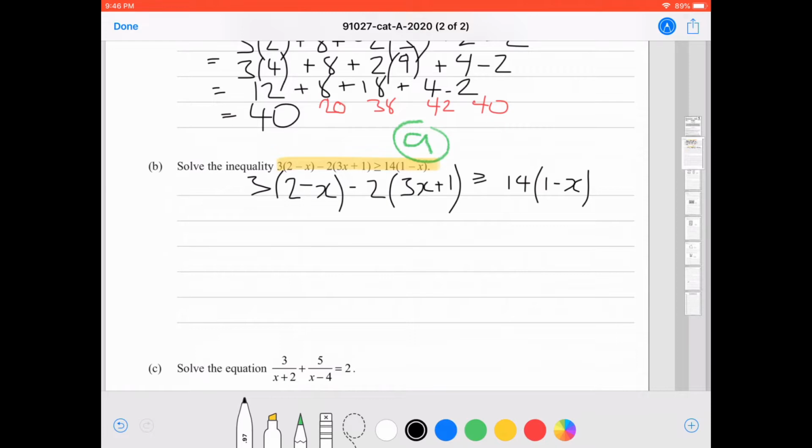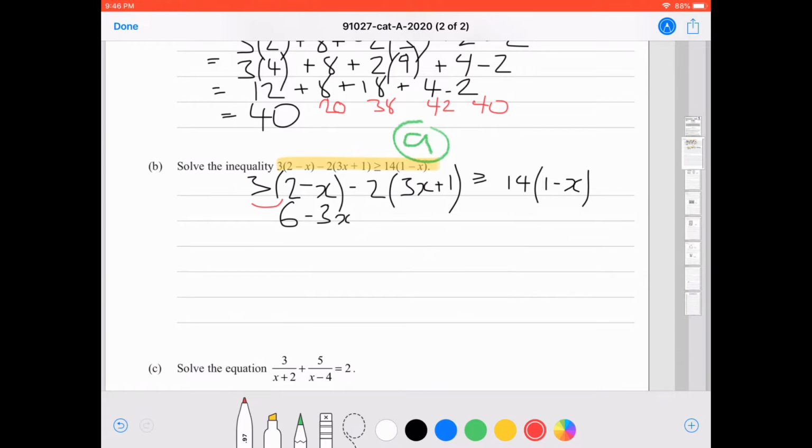And the first thing we're going to do is expand our brackets. So we've got 6 minus 3x. This is the expansion of our first bracket. So basically I'm multiplying the 3 by what's inside the bracket, so it's 3 times 2 and 3 times minus x.